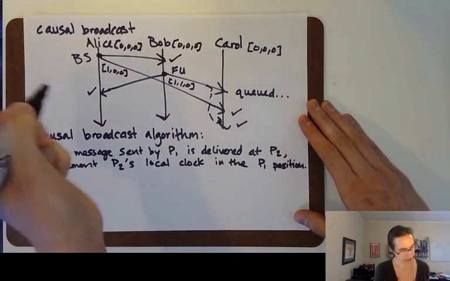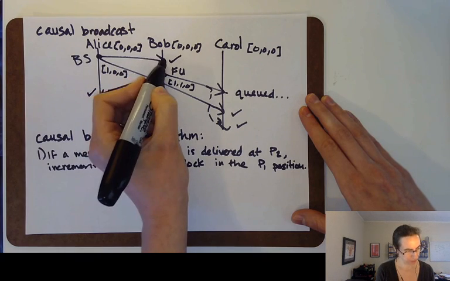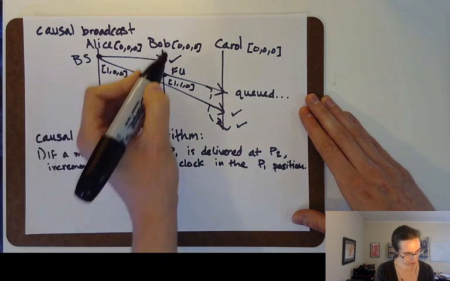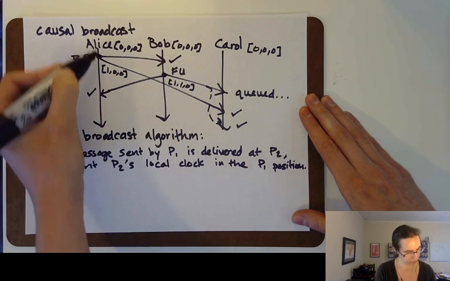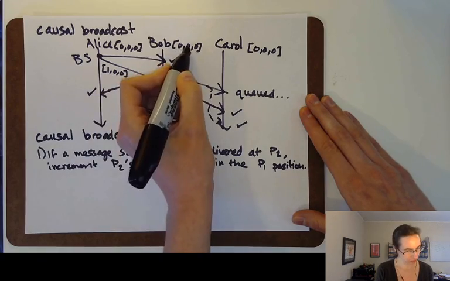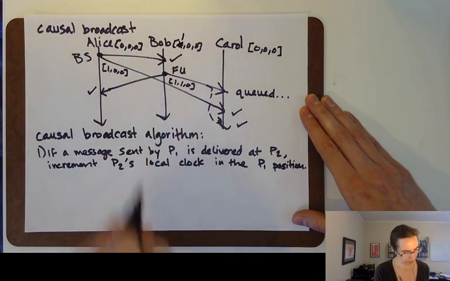So maybe we should have done that here just to make it a little bit more explicit. So here, this message is being delivered at Bob. Because the message was coming from Alice and it's being delivered at Bob, we should increment Bob's local clock in the Alice position. So that should change to 1 there.